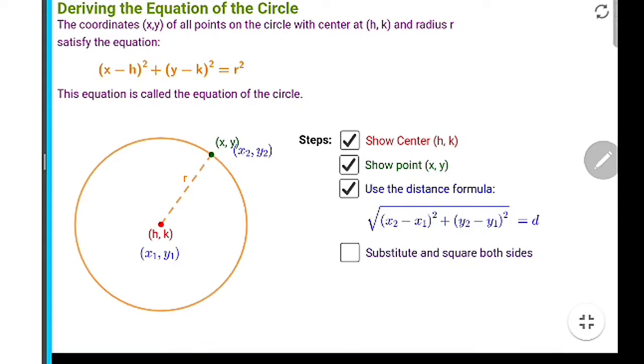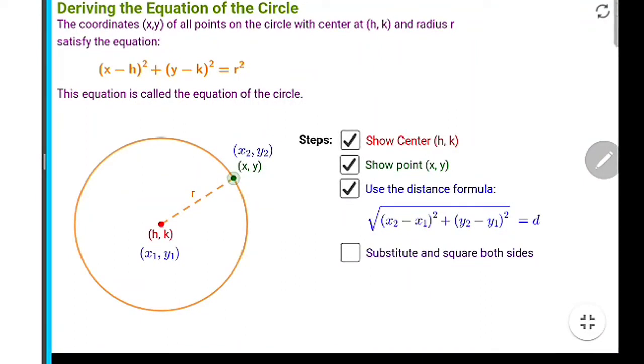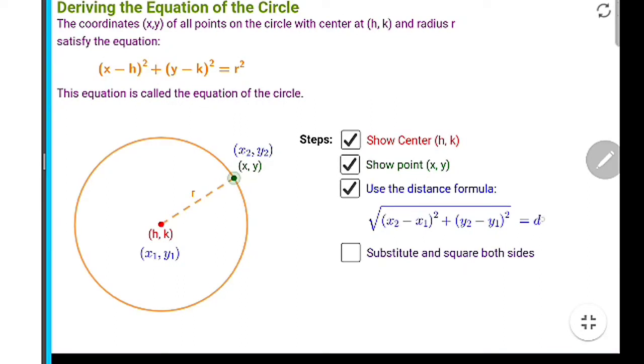That's going to be the distance. So if we represent the center as h comma k, that's our x sub 1, y sub 1, and any point on the circle x, y is going to be our x sub 2, y sub 2. Now we can apply the distance formula, where the distance between them is the radius of the circle.